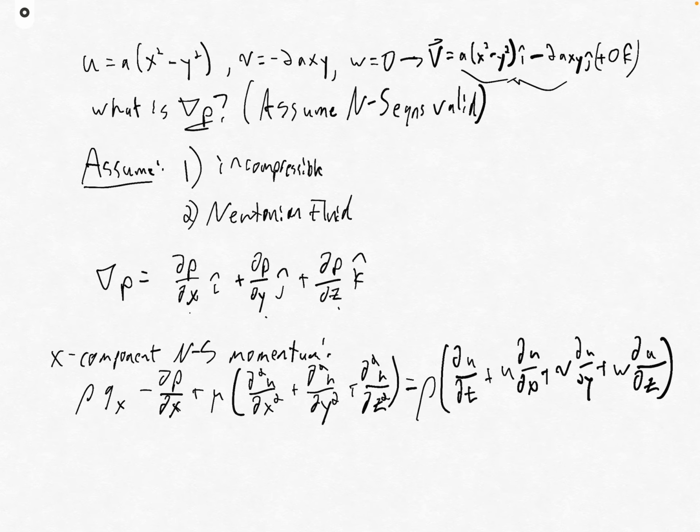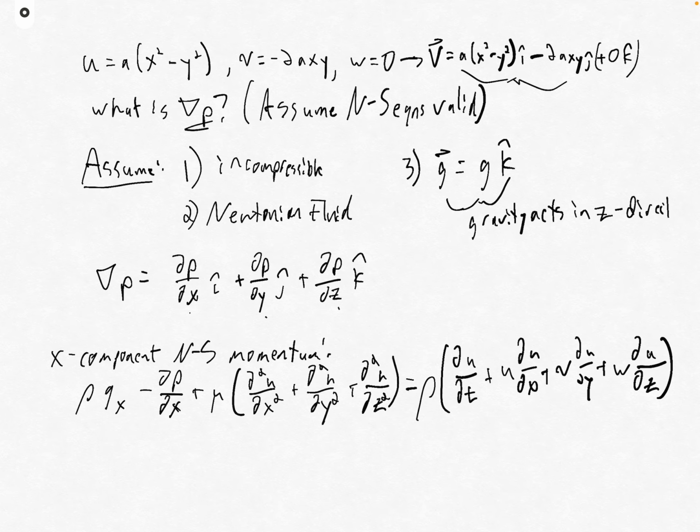What we're going to see here is that a bunch of these terms are going to drop out. First of all, I'm reminded of another assumption we need to make. This is that the gravitational vector is just going to be g times k hat, meaning that gravity acts in the z direction.